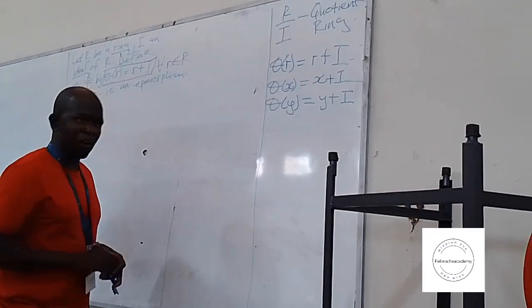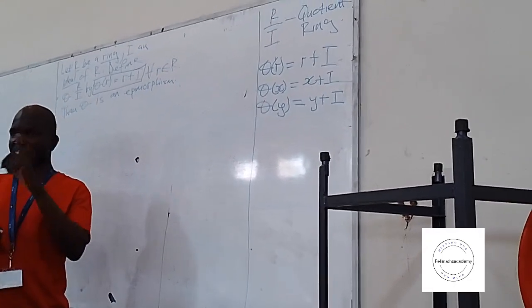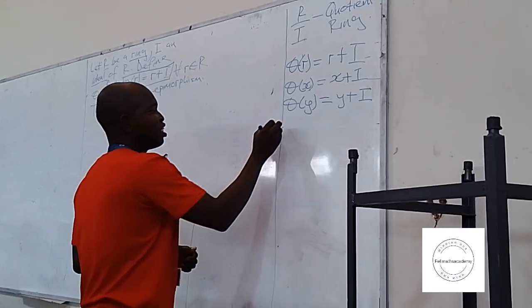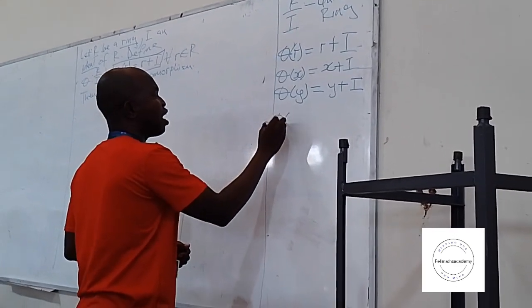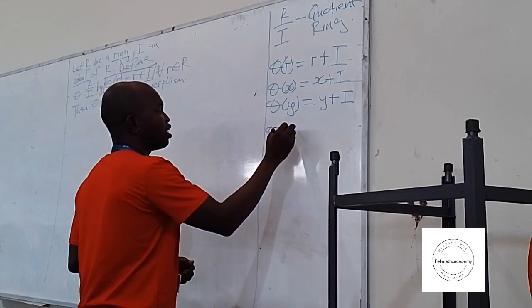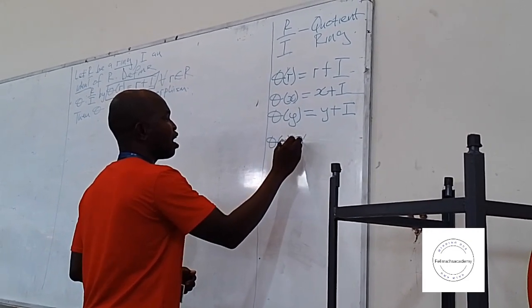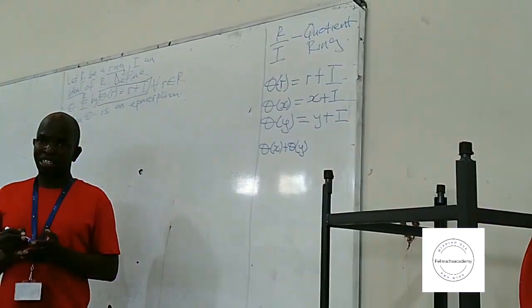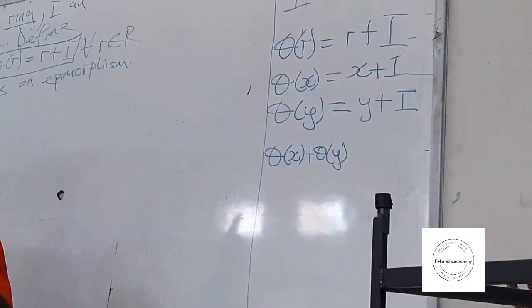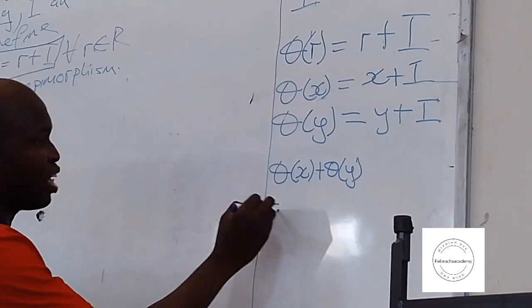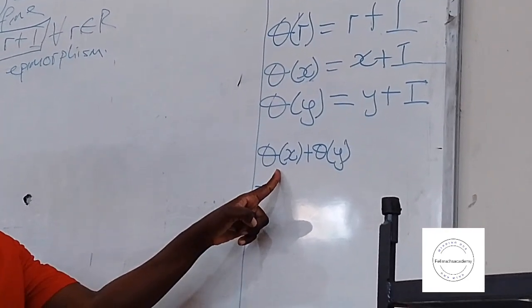There is what we call coset addition. Theta x plus theta y, quotient addition, coset addition I mean. What is theta x?